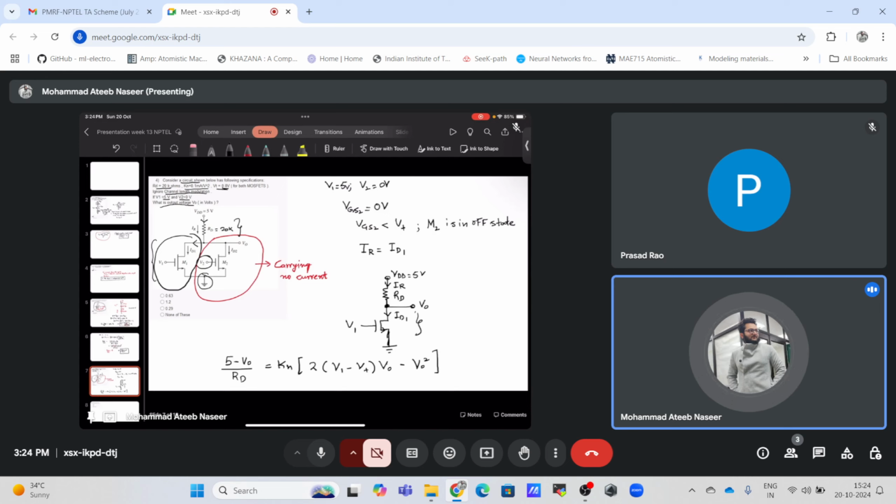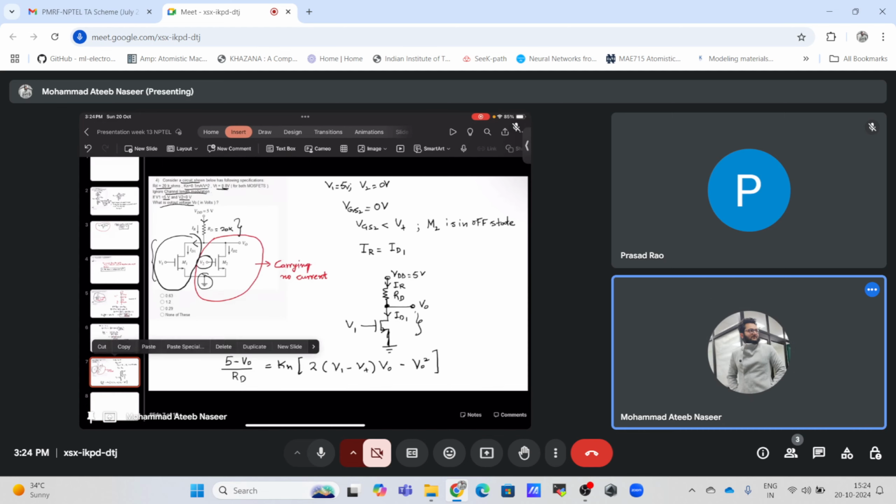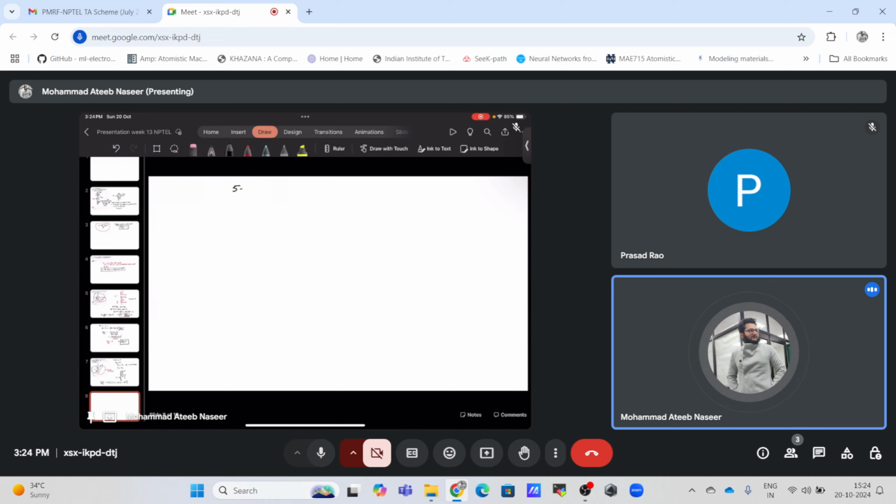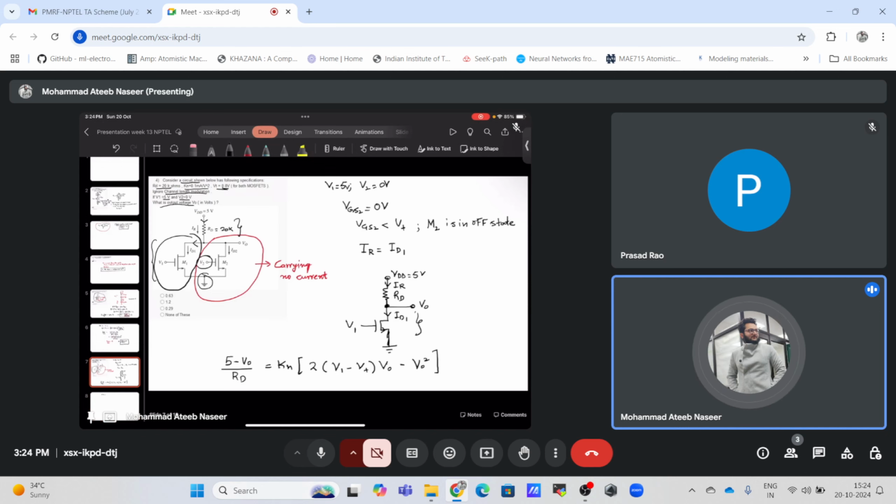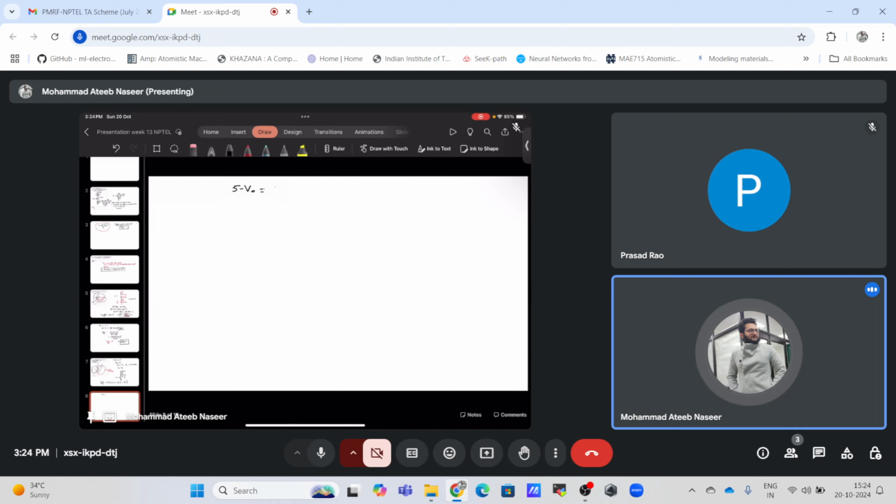Using the value of RD to be 20k, let's insert some values. So it is simply 5 minus V0 equals Kn, which has the value of 0.1 milliampere per volt square, so 0.1 into 10 to the power of minus 3 times RD, which is 20 into 10 to the power of 3, times 2 times (VGS, which is 5, minus VT, 0.8) times V0 minus V0 squared.